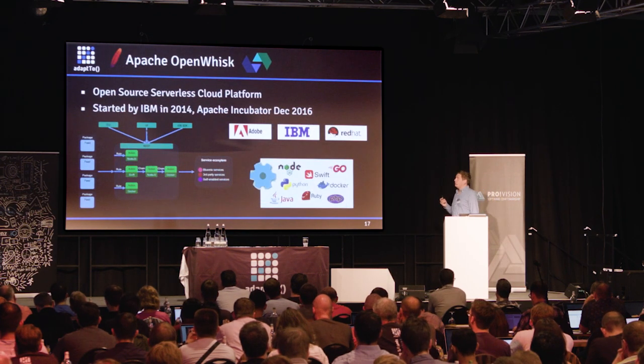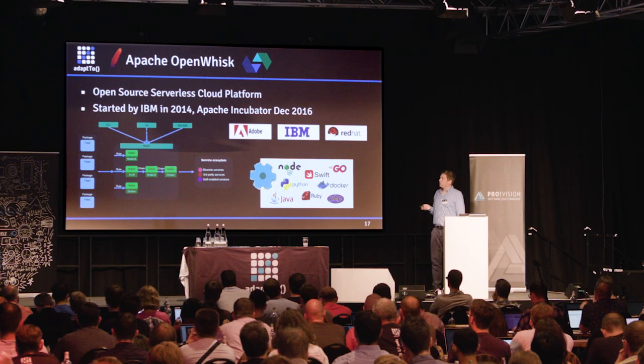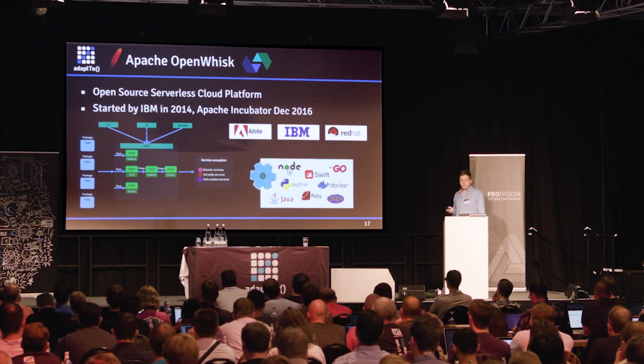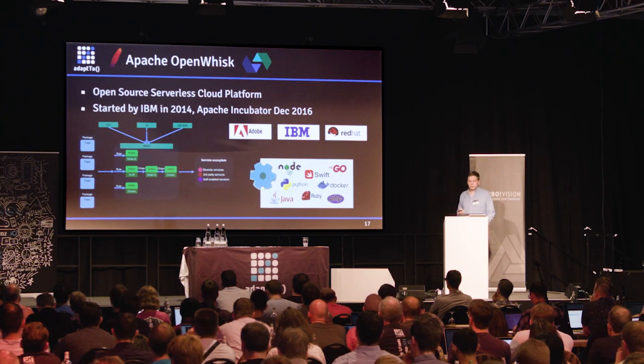So the serverless platform we are looking at is Apache OpenWhisk, which is an open source one that was started internally by IBM just a few years ago, and then I think they completed it in 1.5 years, and very quickly made it open source, brought it to Apache, and it's in incubation since then. And Adobe jumped on and chose it for its serverless needs, as well as Red Hat.